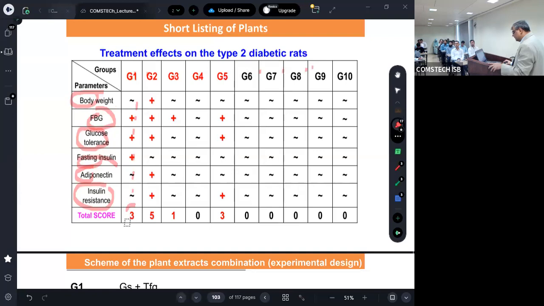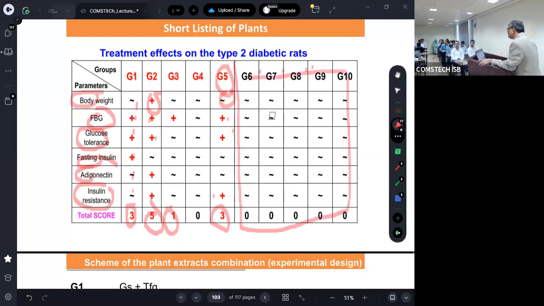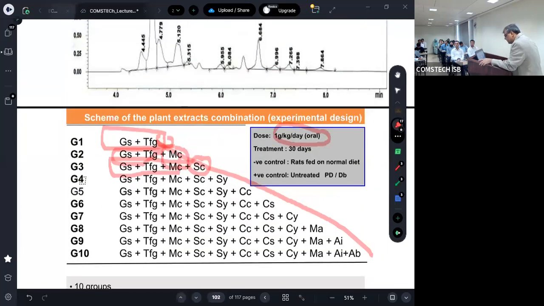We found three positive points here, five positive here, one here, three here. After G5, we found that adding other components has no value. Therefore with G5 we take five components. This is the group we select.